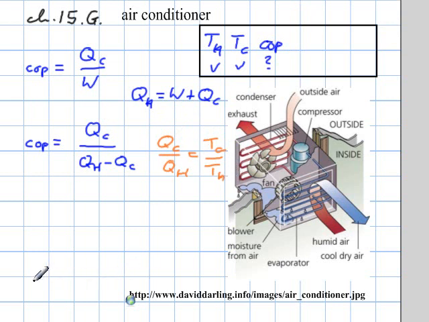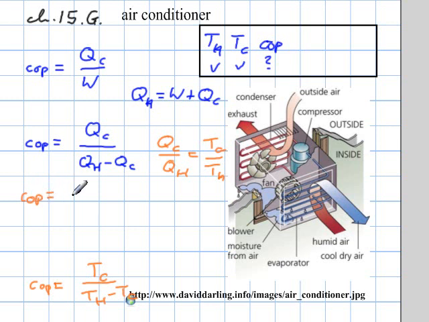And when I plug that in, I'm going to come up with this. So the COP equals TC over TH minus TC. And what I just did, that's not quite true. I shouldn't do that.